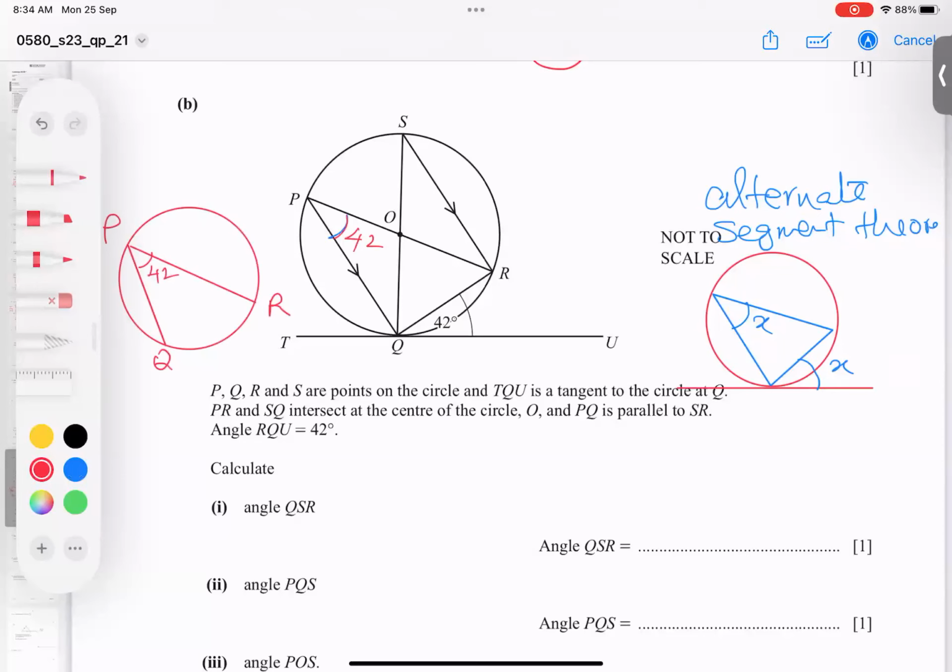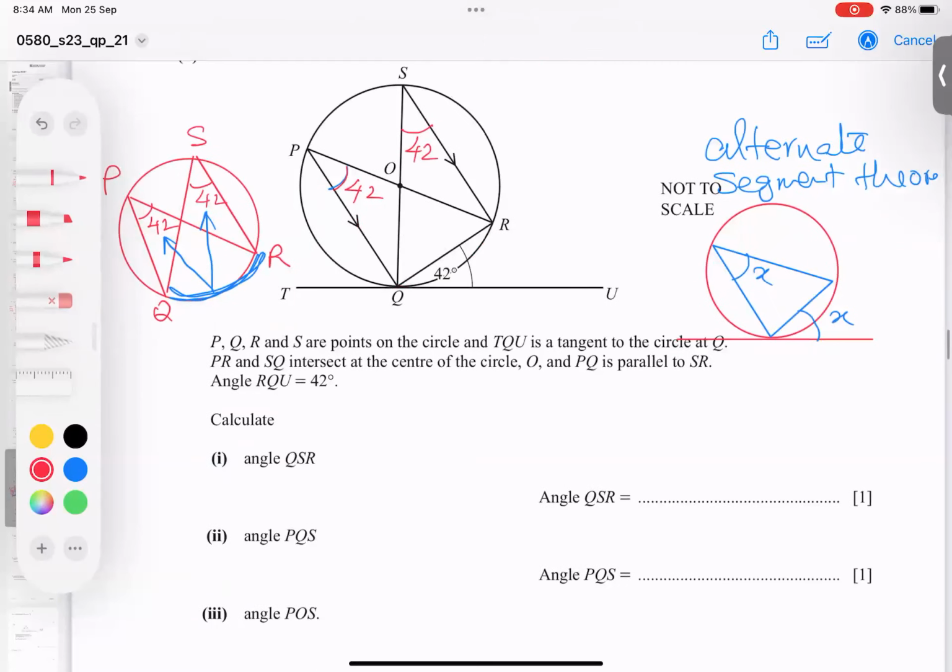If I join the same points to another point, S, this angle is also 42. The logic is that this is the same arc, and the angles on the same arc are always equal. That is the criterion. So this is an arc, and this is 42 and this is 42, so both are equal to each other. So this angle is 42 as well. I hope the point is clear.